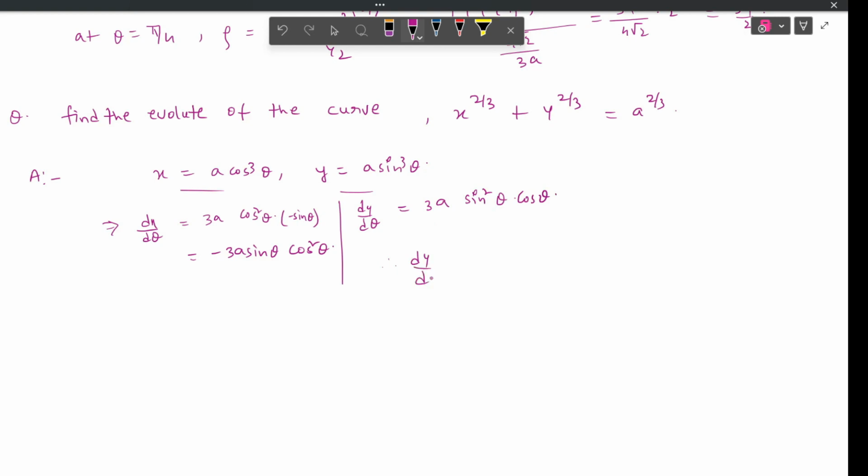So what is dy by dx? This would be dy by d theta divided by dx by d theta, so 3a sin square theta cos theta upon minus 3a sin theta cos square theta. This will be minus tan theta.